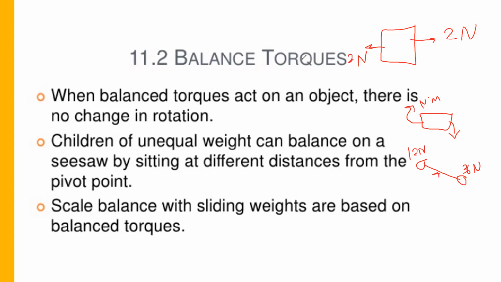Here, both of them are sitting at an equal distance. The first one is sitting at a distance of 3 meters, and the second one is also sitting at 3 meters, as an example.